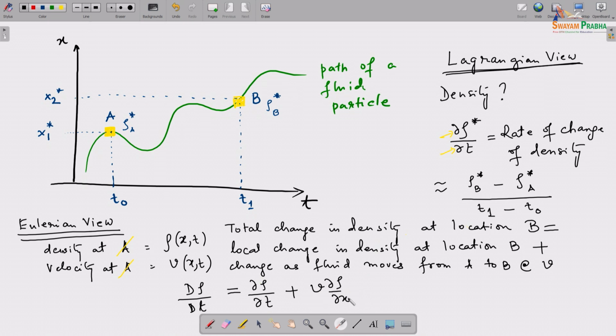So that is why I said del rho del x, which is kg per meter cube per meter, right. So the change in density per unit change in length. So that is your del rho del x, right, and how fast does this change happen. So this del rho del x will be given by the velocity, and when you combine the two it is basically giving you the total change. It has the same units as del rho del t.